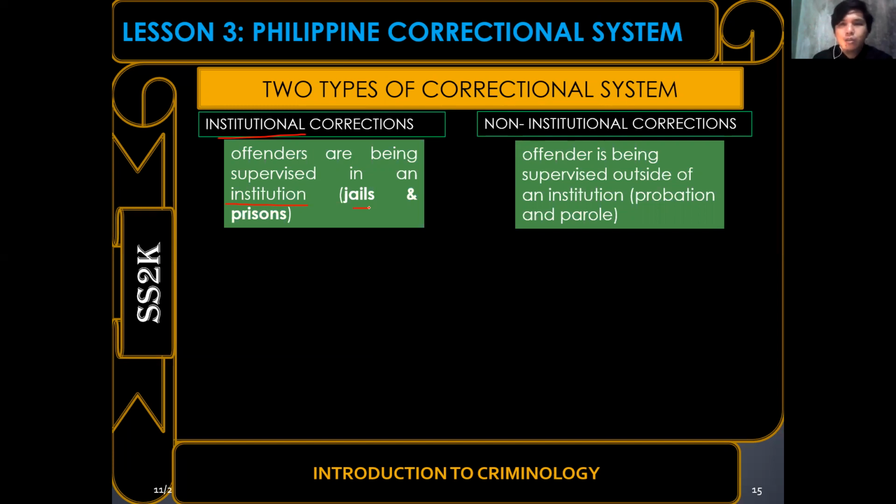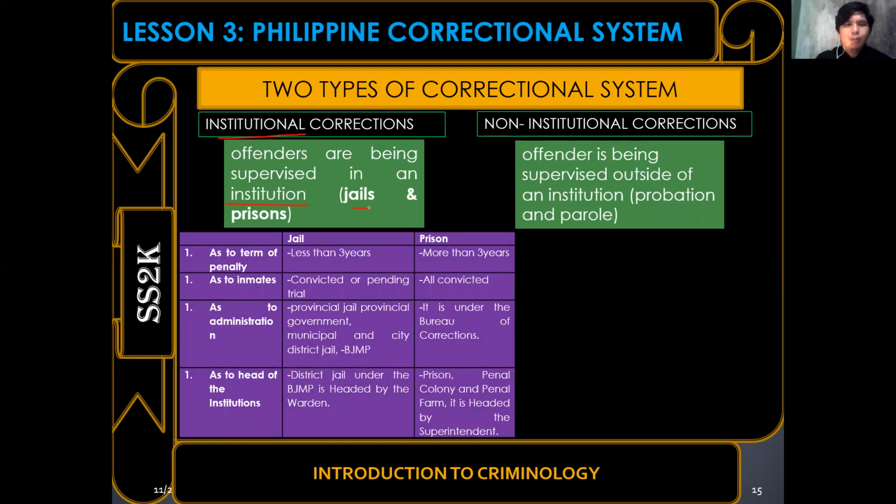Pero may mga condition. Diba? So yun po ang non-institutional. Ibig sabihin, wala ka sa loob ng institusyon. Okay, non-institutional correction yon. Pero kapag yung isang tao na nahatulan ay ikukulong, institutional corrections yon. Okay? Yung probation, example po yan ng non-institutional correction. Yan. Parole. Yan.